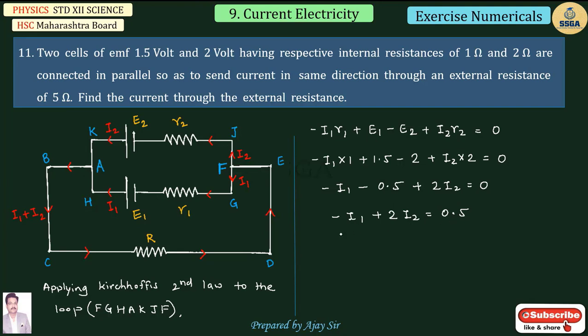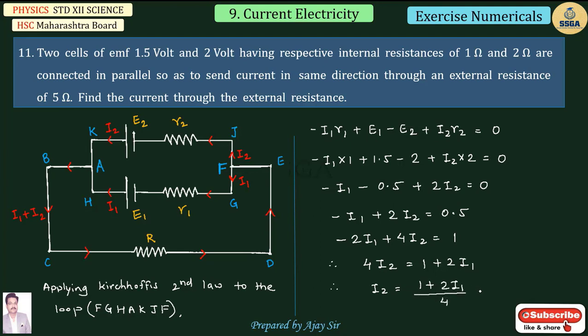So after multiplying both sides by 2, the first term becomes twice I1, the second term is 4I2, and this is equal to 1. So 4 into I2 is equal to 1 plus twice I1. Therefore we can write I2 equal to (1 plus twice I1) divided by 4.